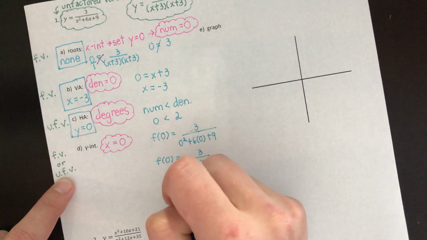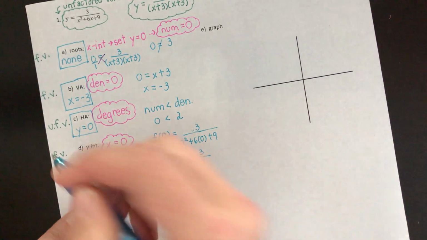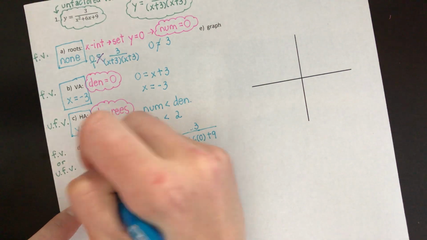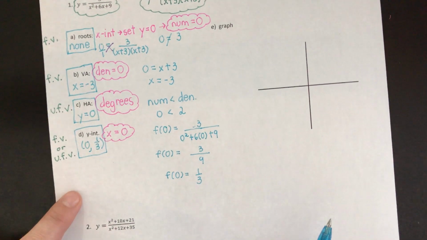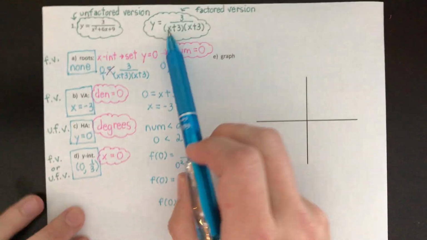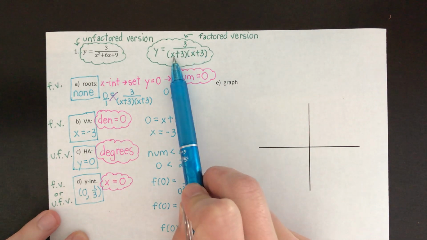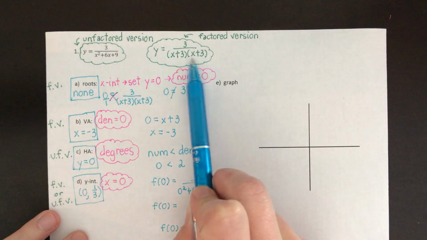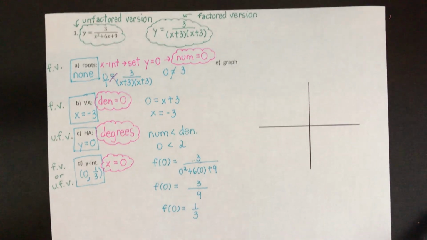So 3 over 9, so f of 0 equals 1/3, agreed? So here you would put 0, comma, 1/3. Everybody see that? If I plugged in 0 into the factored version, would I get the same thing? I'd have 3 over 0 plus 3, 0 plus 3, so that'd be 3 times 3, which would be 9, 3/9, which would be 1/3. So either way, you're going to get the same thing.